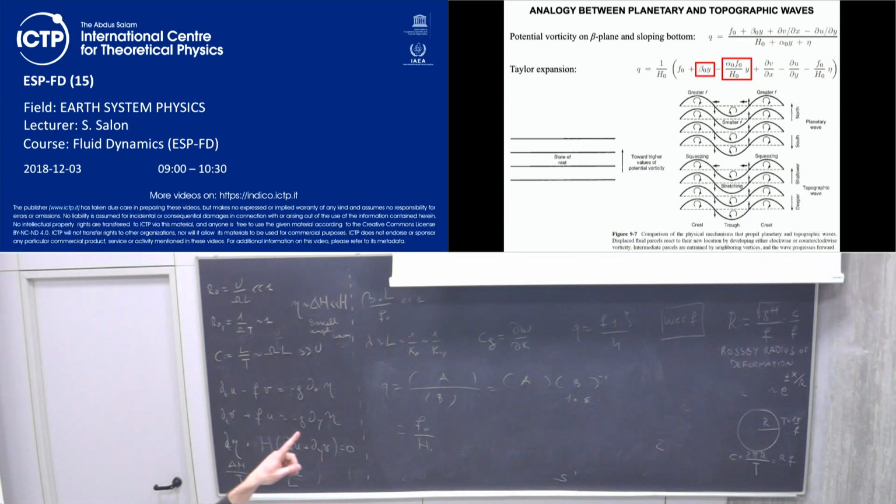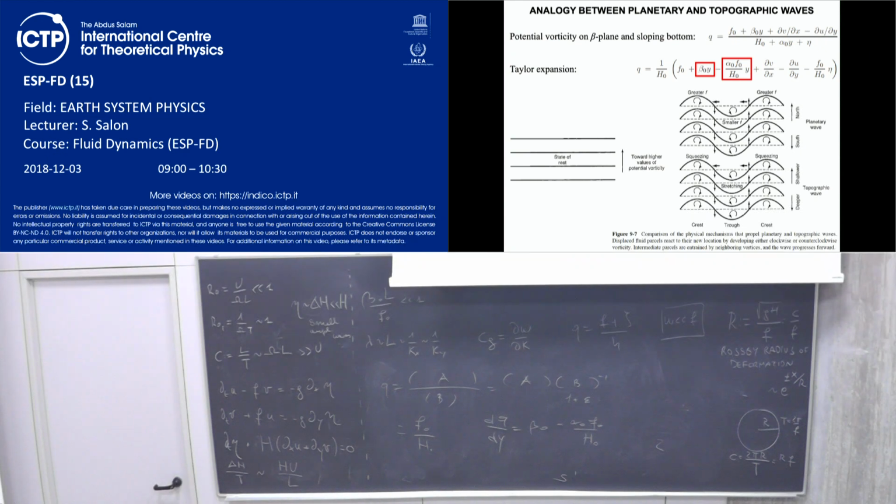Then we have two terms which depend on Y. So we have a gradient of the potential vorticity which is equal to beta 0 minus alpha 0 over H0. Okay? So the gradient of potential vorticity is the effect that actually gives the bouncing effect to the propagation of waves in our planet.